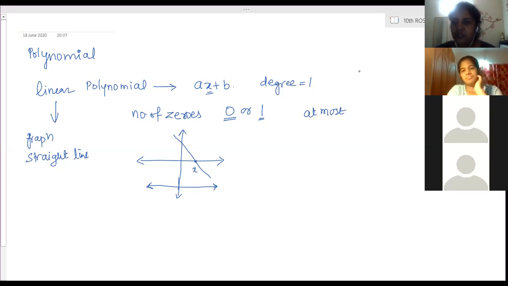If the degree is 1, maximum 1, that means either 0 or 1 zeros. Clear?